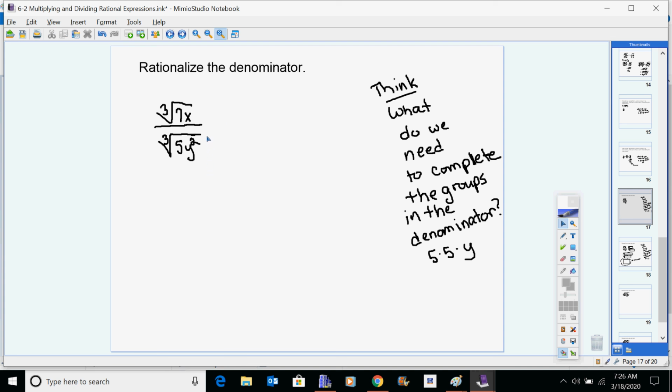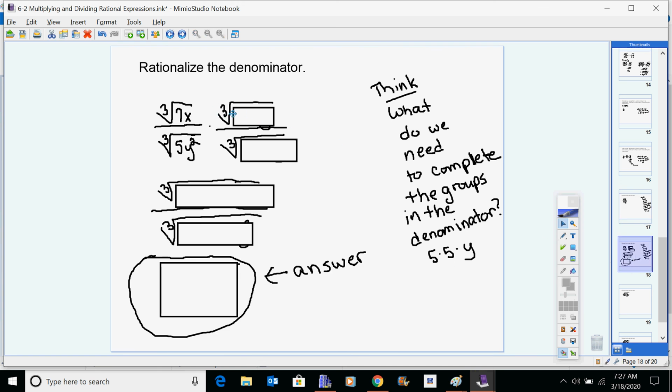So in order to simplify this one, we need to get a cube root of 5 times 5 times y to put with this in order to bring things out of the denominator. So remember, anything over itself is 1.